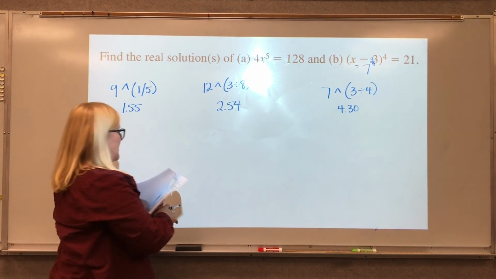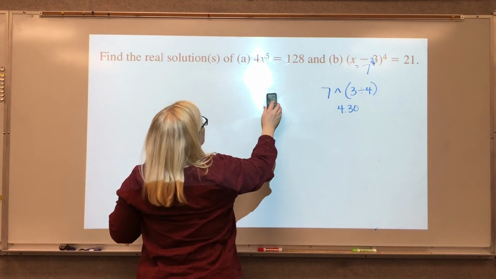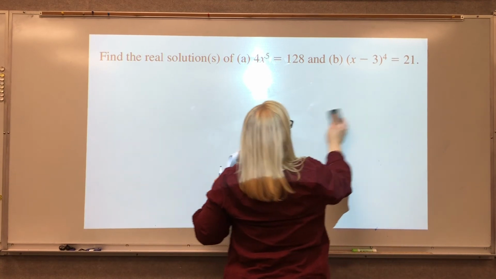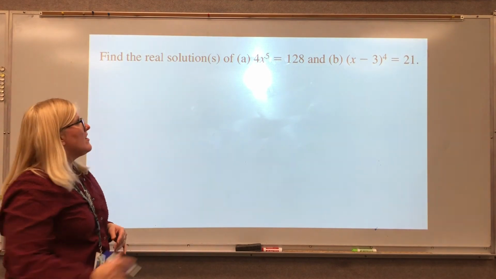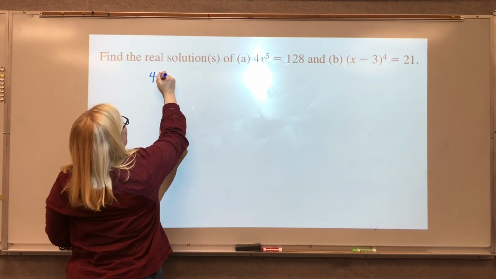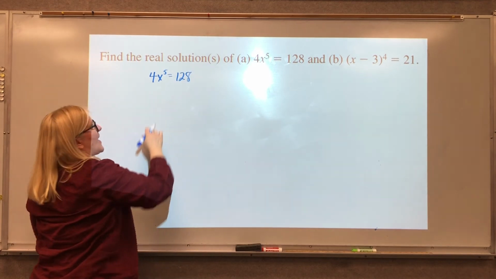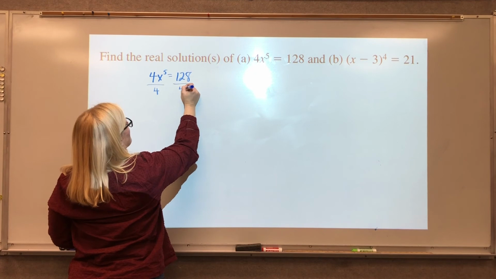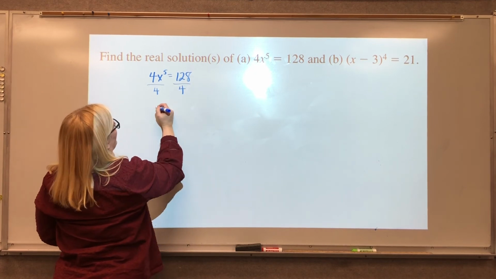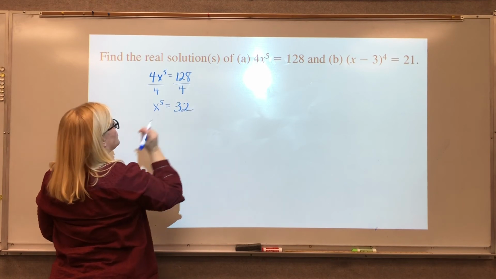Okay, lastly, we're going to find the real solutions of these equations here. So first I have 4x to the 5th equals 128. And I need to get x by itself. So I'm going to divide by 4 first, and I get x to the 5th equals 32.